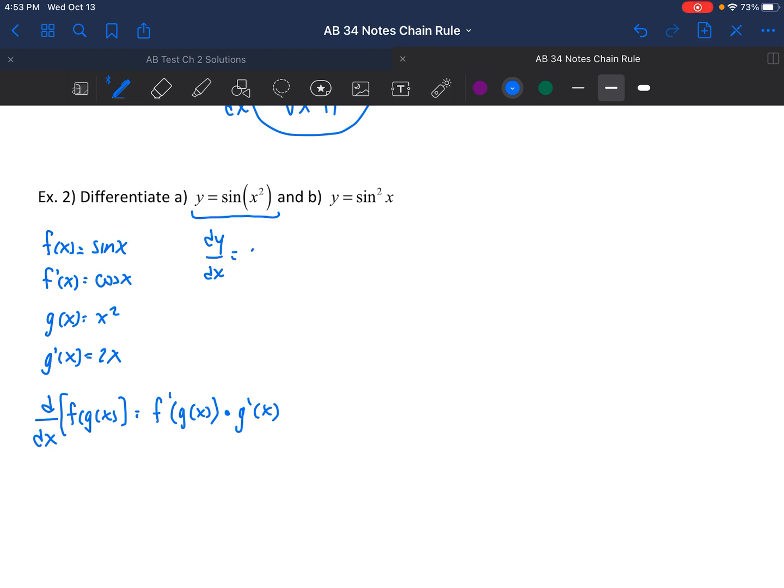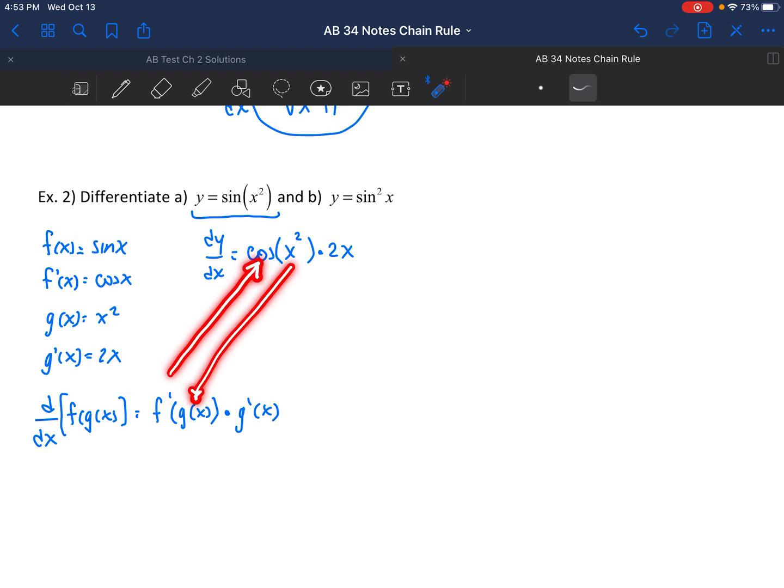Derivative of sine is cosine. I'm keeping the interior the same, multiplied by the derivative of the inside, which is 2x. I'm going to neaten that up in a moment. But notice, derivative of the outside function, keep the inside the same, multiplied by the derivative of the inside function.